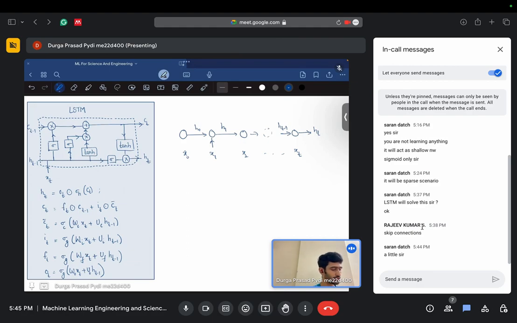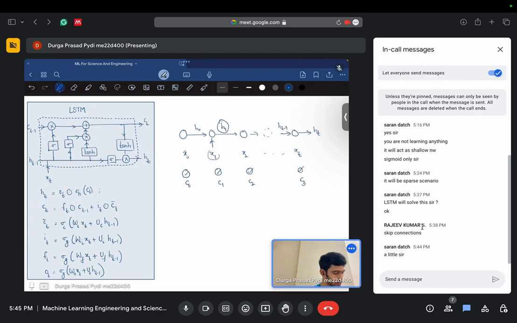What we are doing here in LSTM is providing additional values for each of these cells. These values will actually store how much of the information is to be used in predicting the value of H1.